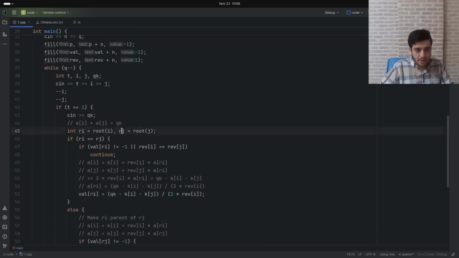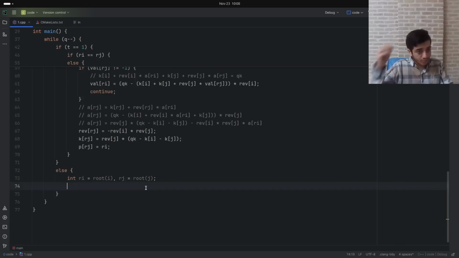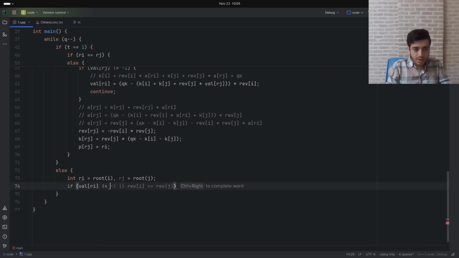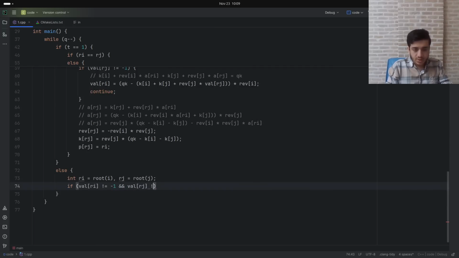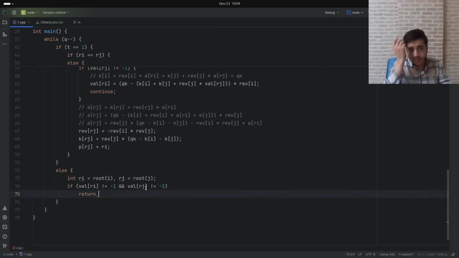For answering queries, we find the root. If value of ri is not -1 and value of second root is not -1, return.